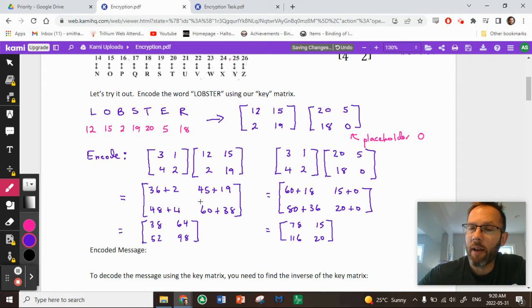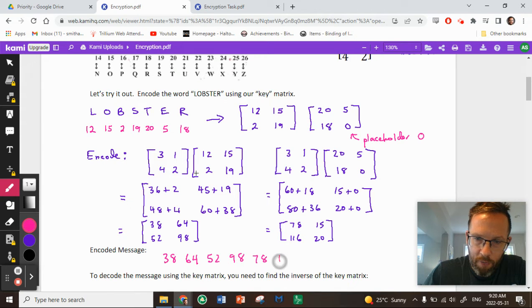So if we were sending this encoded message to our friend, starting as we did when we encoded it, working left to right, we would send this encoded message: 38, 64, 52, 98, 78, 15, 116, and 20.